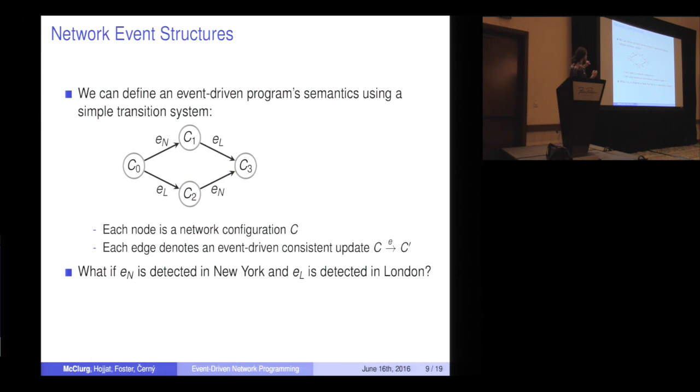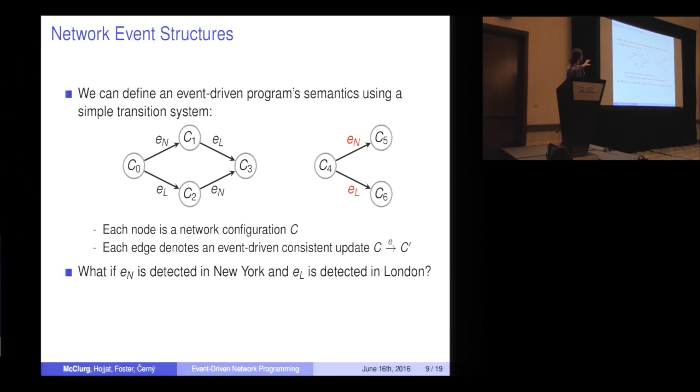And in this case, the two devices have different views of the current state, but it's actually not a problem here because once both of the devices know that both events have occurred, they will both be in the C3 configuration. So we view this as a resolvable type of conflict in our model.